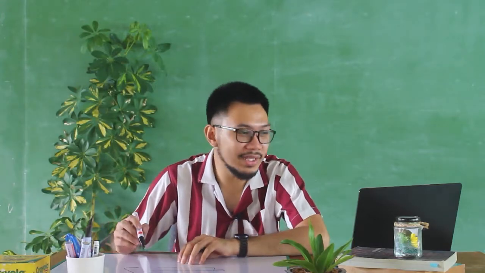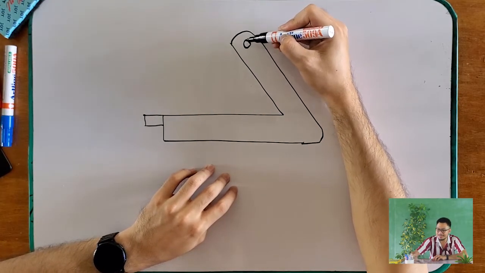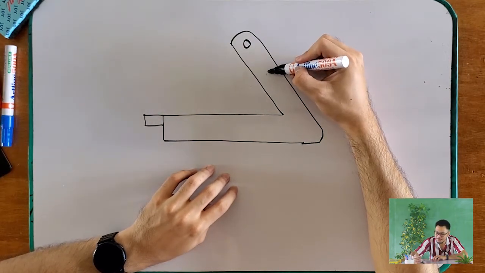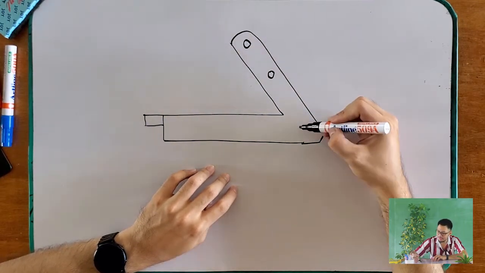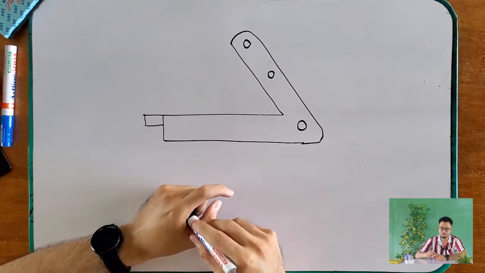Okay, so this is your foot lever, and then this is your link, the weightless link, this is your spring, and this is your pin support.